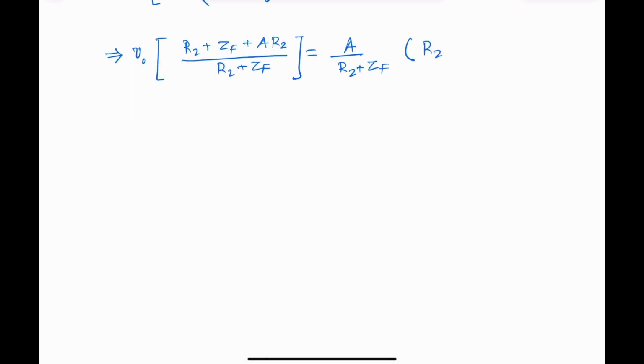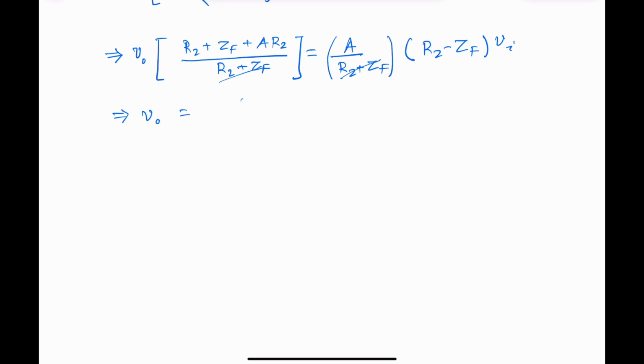So this gives you V naught into R2 plus ZF plus AR2 divided by R2 plus ZF is equal to A upon R2 plus ZF, R2 minus ZF into Vi, and therefore V naught is equal to, the denominator cancels on both sides of the expression, so this cancels out.